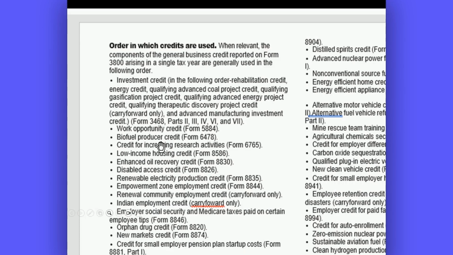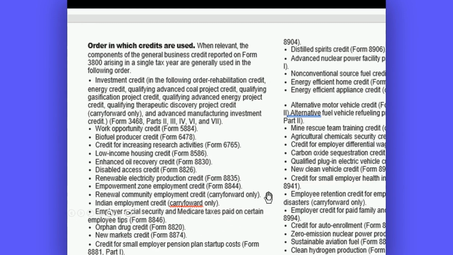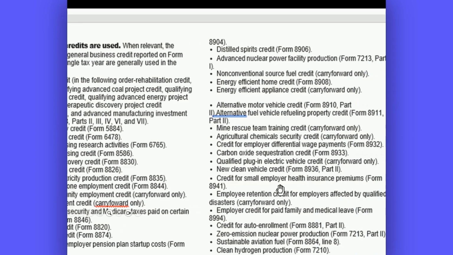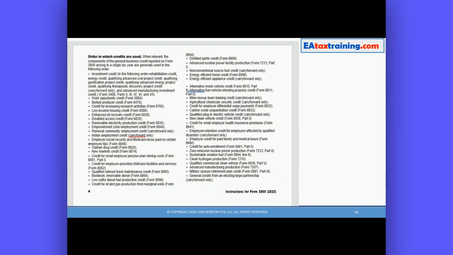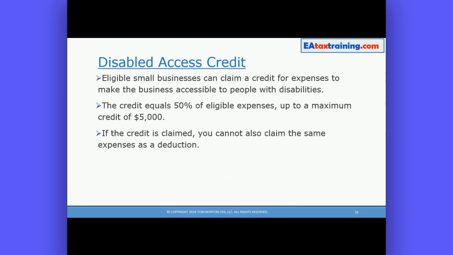And then you see all these other ones: work opportunity credit, biofuel, etc. And you can see this is quite a long list of credits. We are not going to go into all of these credits. We are only going to talk about a few of the ones that are more likely to be tested on the EA exam. So we will start with the disabled excess credit. This is eligible for small businesses.